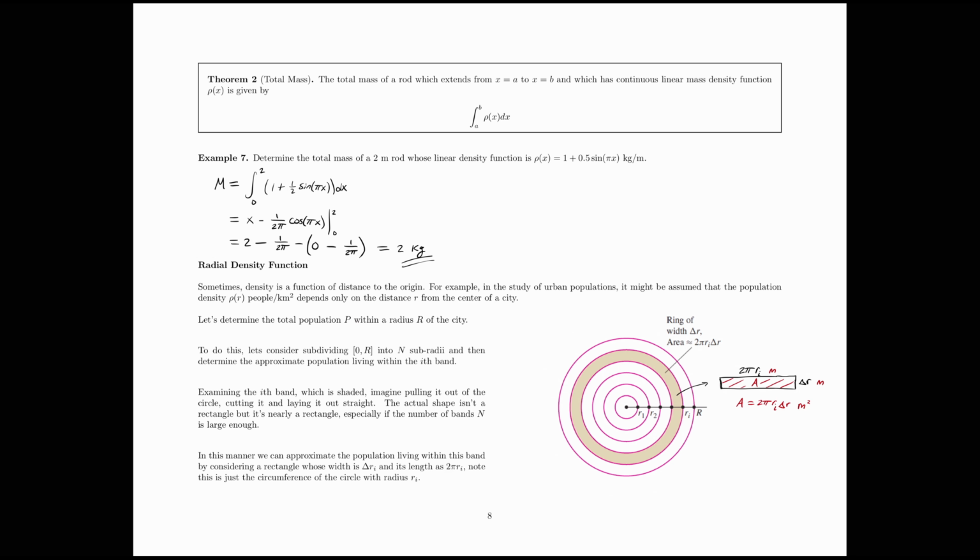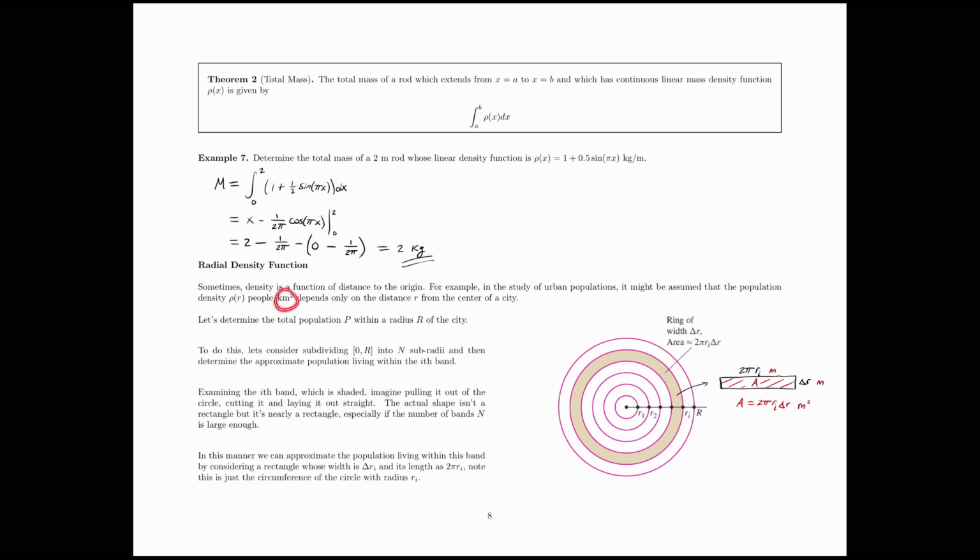Okay, so notice here, what we want to do is figure out this density. If our density, for instance, is given by the amount of that substance or quantity, so people if we're thinking about a population density, some quantity divided by, notice, area, meters or kilometers squared.